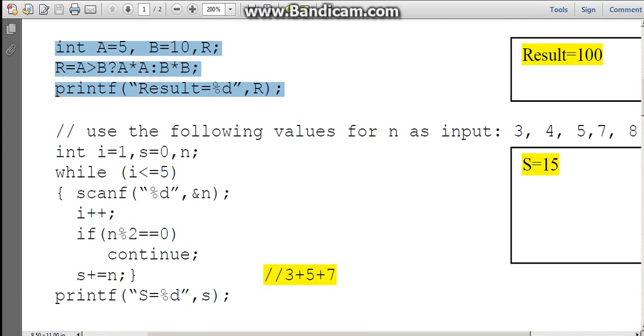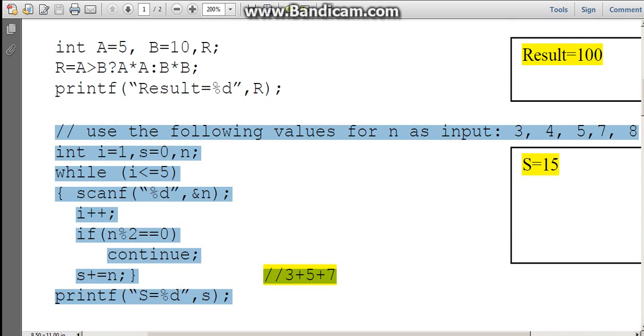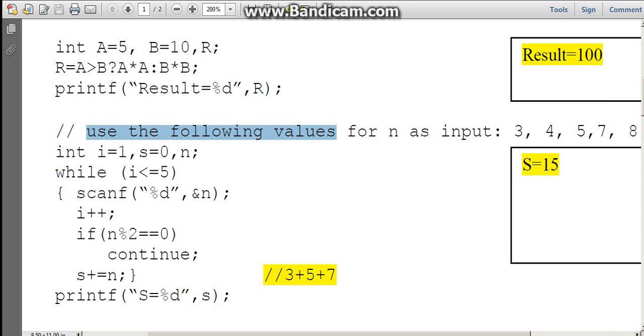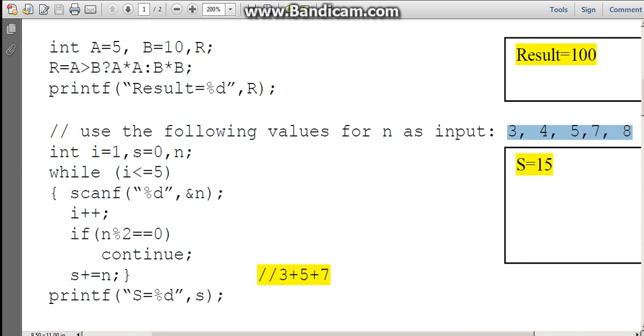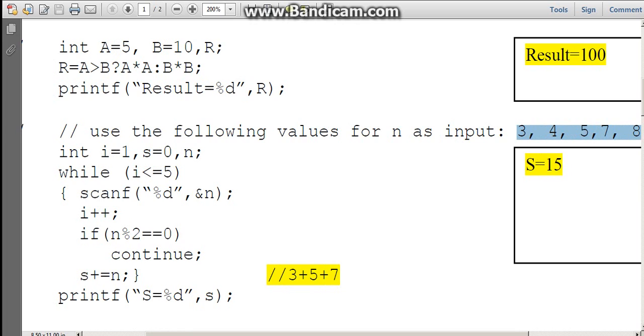This might also confuse a lot of students. Here it mentions to follow the values as an input: 3, 4, 5, 7 and 8. Of course there are multiple inputs, so we need to use while, and there are 5 inputs, so we need to write i is less than or equal to 5.